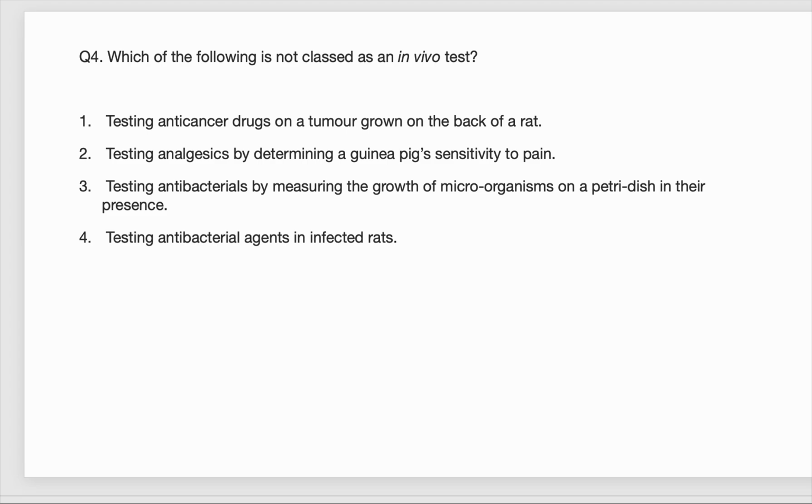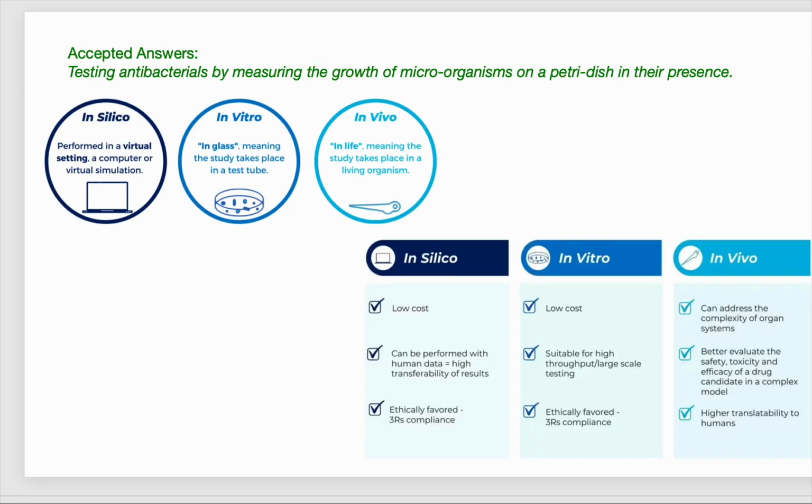Now, in vivo means in the body. There are broadly three kinds of experiment: in silico, in vitro, and in vivo. In silico is done on computers, in simulation and things like that, so it's performed in a virtual setting on a computer.